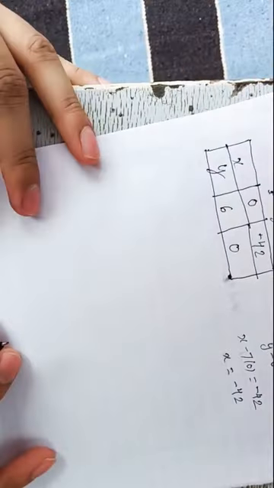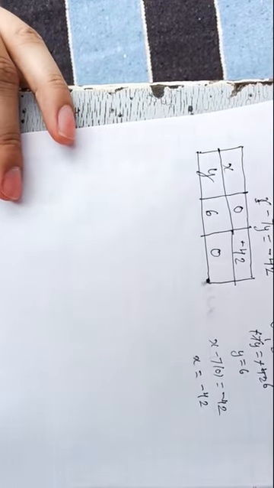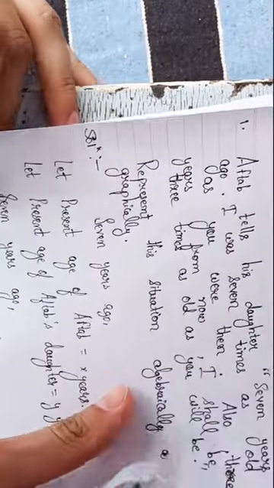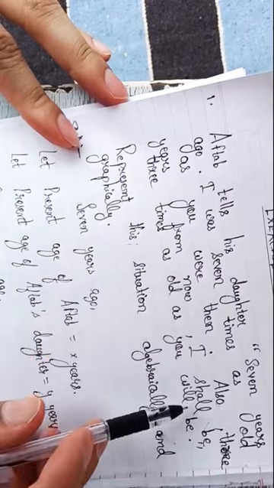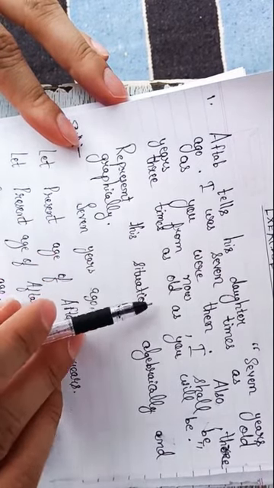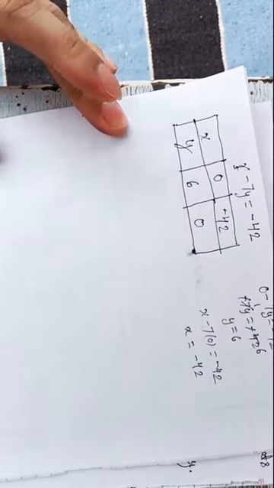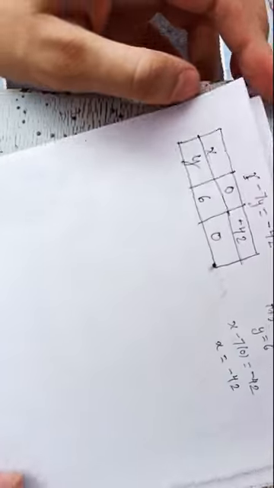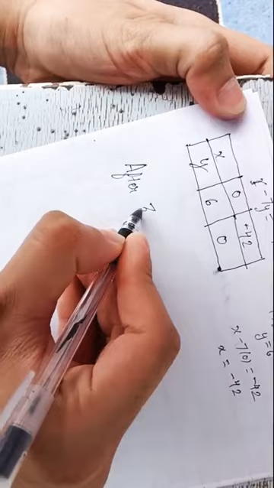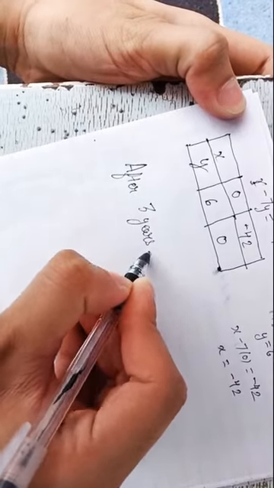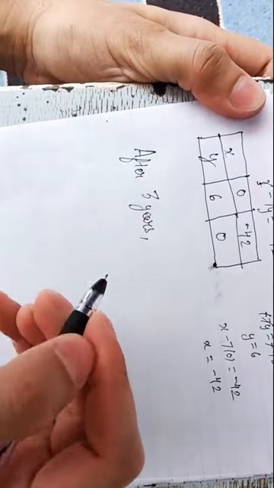Now similarly we will move towards the second condition which is given in the question. What was the second condition? 3 years from now I shall be 3 times as old as you will be. Now forming the equation: 3 years from now, that means after 3 years, what will be the age of Aftab?